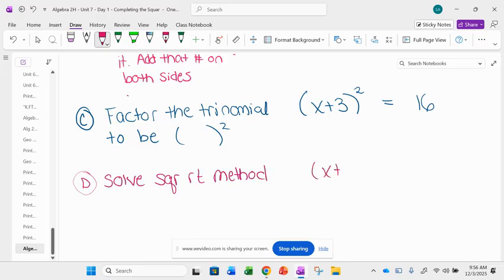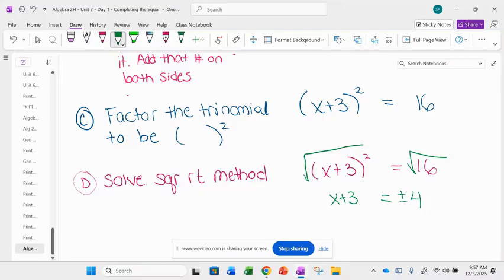So we have x plus 3 squared equals 16. We have to get that quantity squared by itself. It is by itself. So now we square root both sides. What can we not forget to do? Since we're solving, not just simplifying, plus or minus. So we're going to have plus or minus 4.